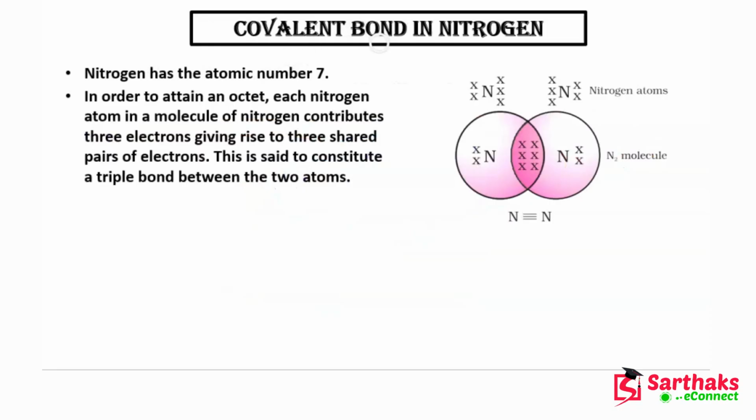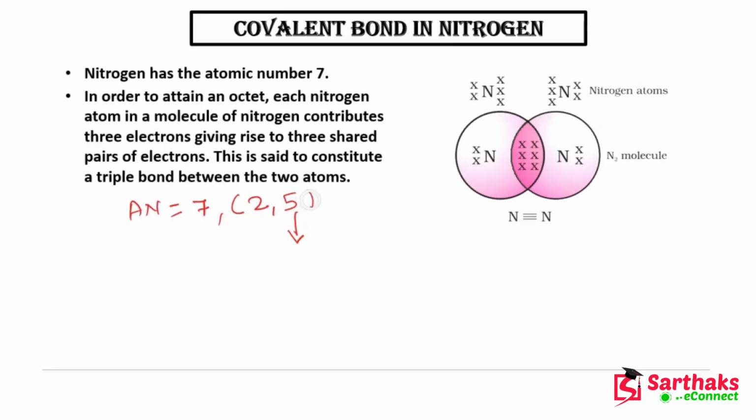Okay students, here we will talk about the covalent bond in nitrogen. Nitrogen has atomic number 7, so its electronic configuration is 2 and 5. It means there are 5 electrons in its outermost or valence shell.